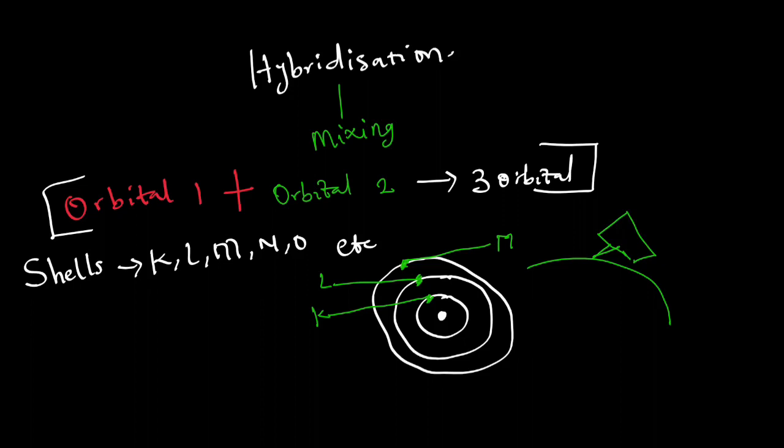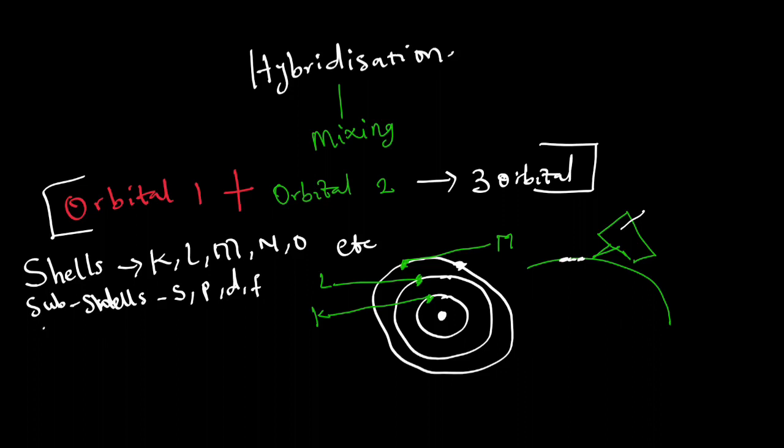We have what is known as the subshell. What are the subshells? The subshells are represented by s, p, d, f. The subshells are found in the shell.